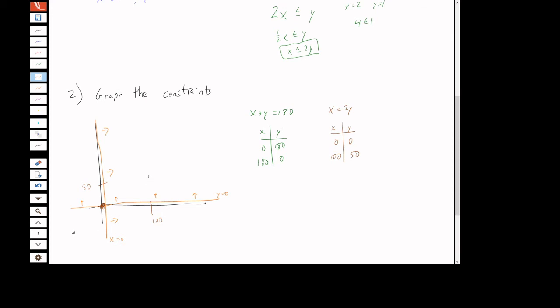Okay, and I want to connect those with a line. Normally what I do to figure out which side to shade is I test 0, 0. But since 0, 0 is on the line, that won't work. So I'm going to test a point that I know is not on the line. I'll pick 0, 50.